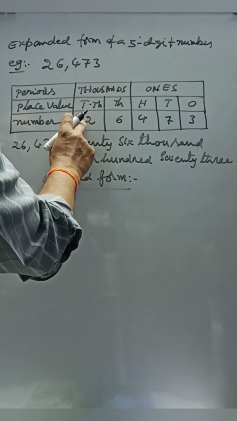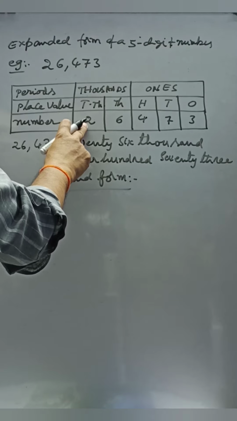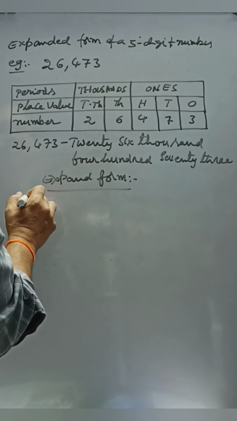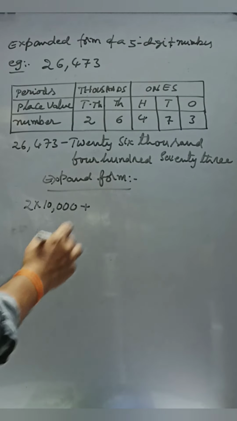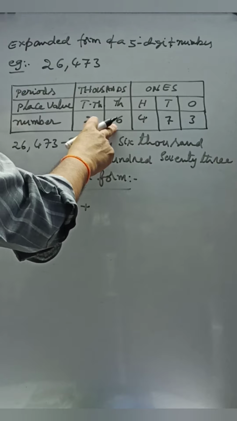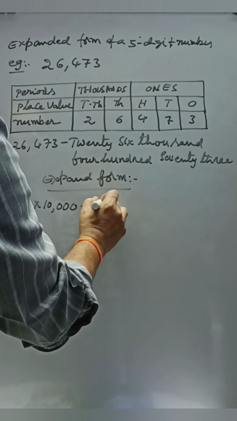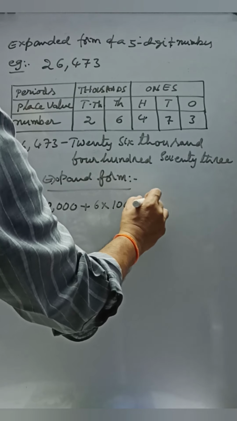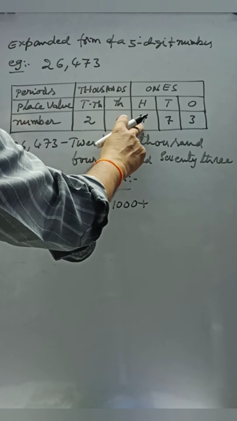So 2 into 10,000 plus the face value of 6 is 6, and the place value is 6 into 1000. Plus 4 is in the hundreds place, and its face value is 4.